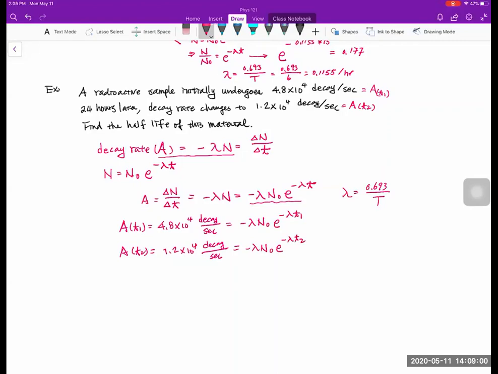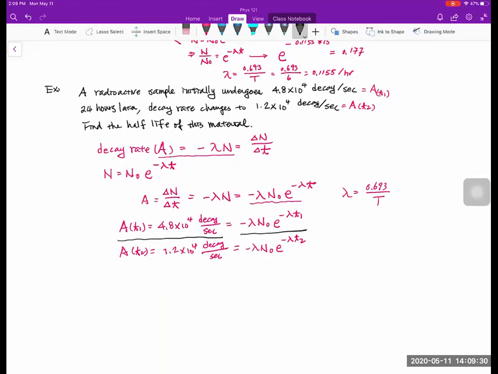The N0 is the starting point, which I don't know yet, but I can assume there is going to be some starting point, which is the N0. And if you look at these two, I got a number for A(T1) and a number for A(T2), so why don't we just take the ratio of these two?